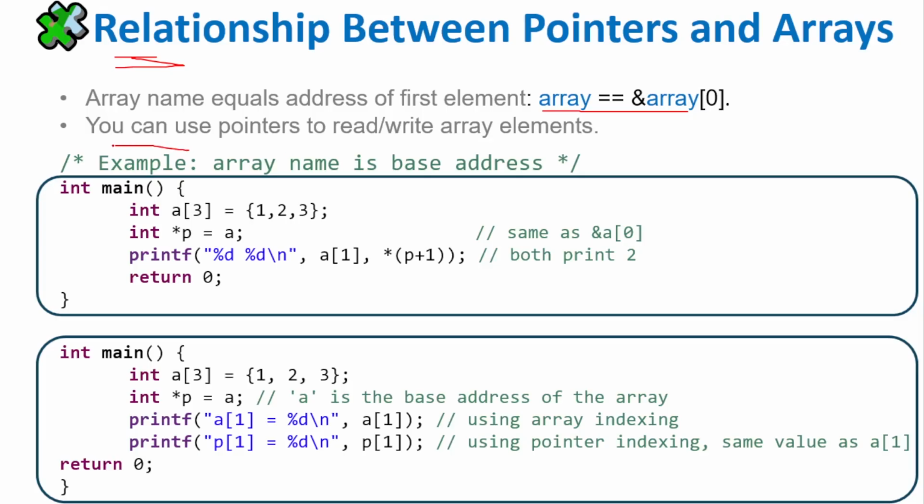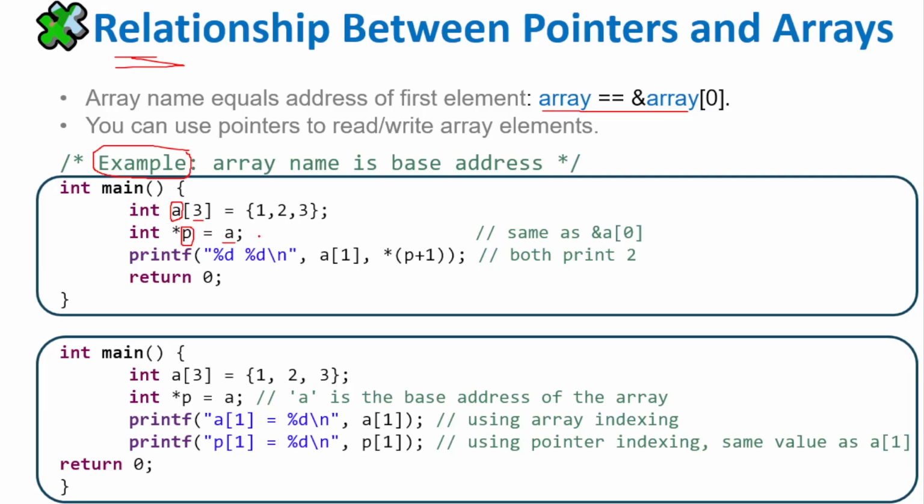See the example, please. In this example, we show how the name of an array in C works as the base address of the array, allowing pointers to access its elements. We create an integer array A with 3 values and a pointer P that points to the first element.